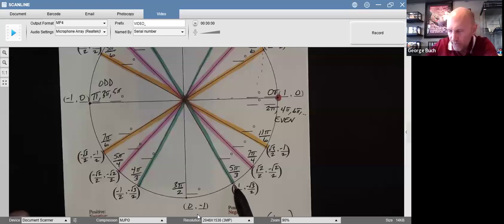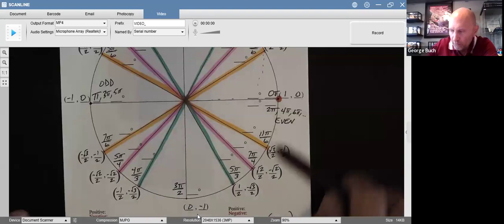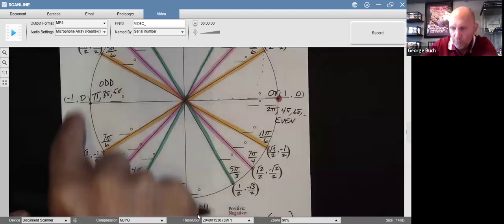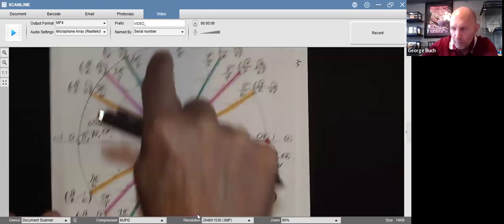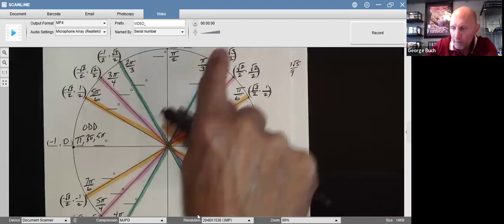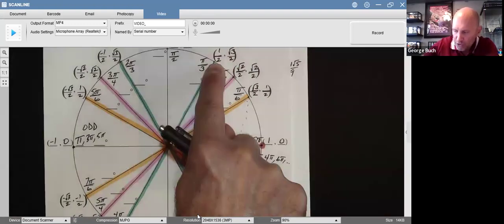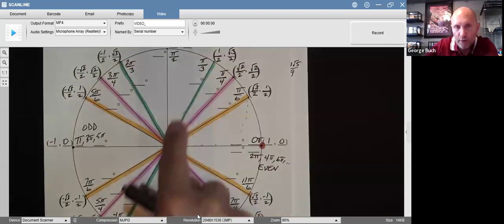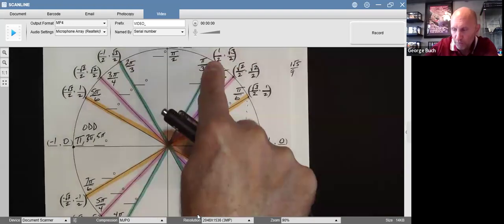But the negative says I have to go clockwise. So I have to go the same distance, 1, 2, 3 full quadrants plus a little more, which puts me up here in quadrant 1, the same location. I better end up on a green line, because they're all the same reference numbers of something over 3.